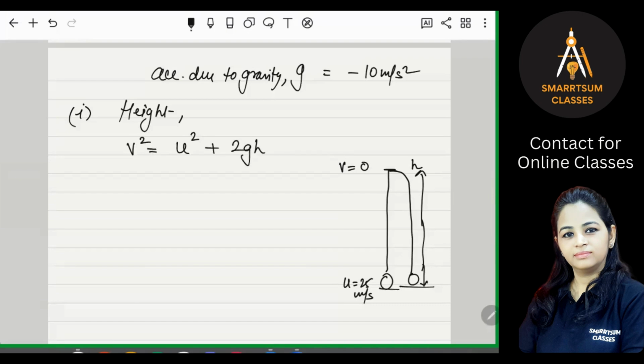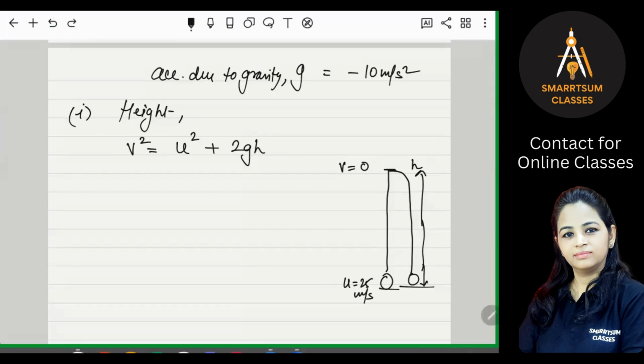Why won't we use the second equation? Because we don't know the time. There is a factor of time, t. h is equal to ut plus half gt square, but we don't know t, right? So there are two variables in that equation, t and h, so we cannot use that one. We will use the third equation of motion, v square is equal to u square plus 2gh. Here we know v, u and g, and h can be found out.